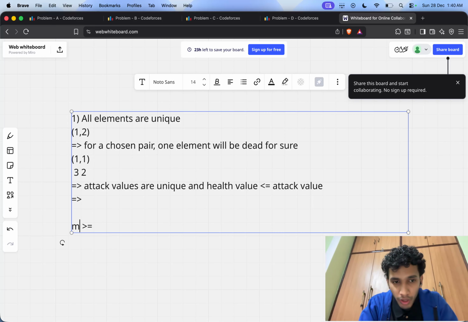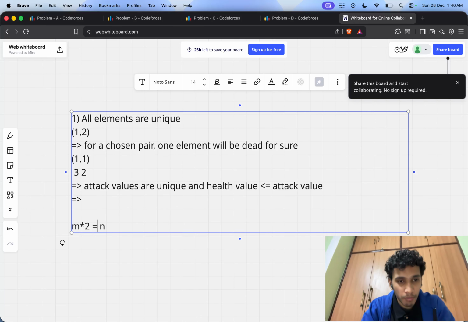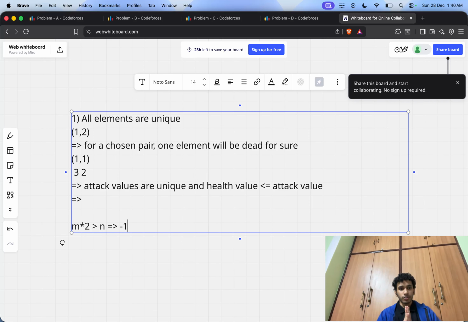So m into 2 are the total number of elements chosen so far. So for m elements to be surviving, there should be at least 2 into m numbers present. Why? Because each element must have made up a pair with some other element and is surviving. So a unique element must have been chosen. So if this 2 into m is greater than the total number of elements we have, the answer would be -1 for sure. All right.